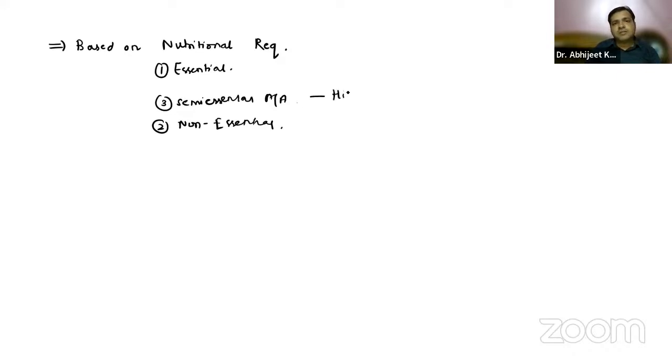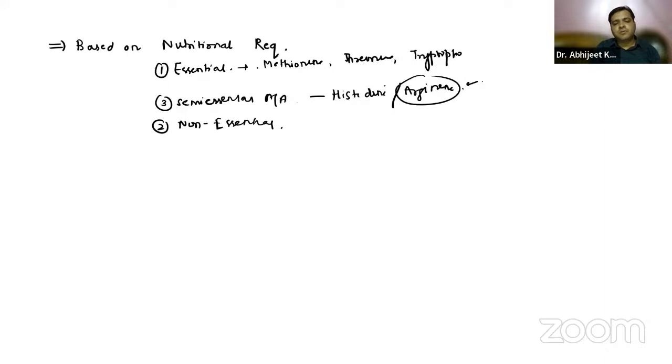For semi-essential, you have to remember histidine and arginine, with arginine being the most essential. Now remember the essential ones: methionine, threonine, tryptophan, valine, isoleucine, and leucine.